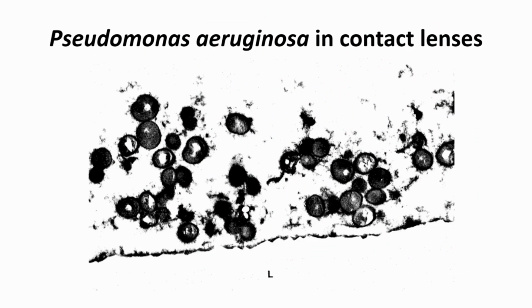Here is just an example, a zoomed-in image of a contact lens, and what you can see is that there are these bacterial communities being formed which are able to colonize the surface and protect it from any kind of response that the body might be generating through the immune system or through some other phenomena. So, a major problem.